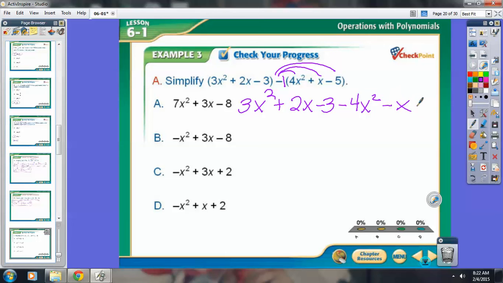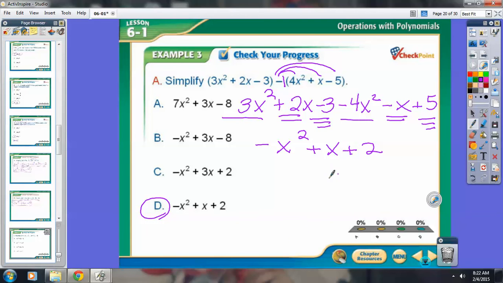Negative 1 times negative 5, positive 5. So add those like terms. 3x squared minus 4x squared is negative x squared. 2x minus x, positive 1x. Negative 3 plus 5, positive 2. Letter D is the correct answer.